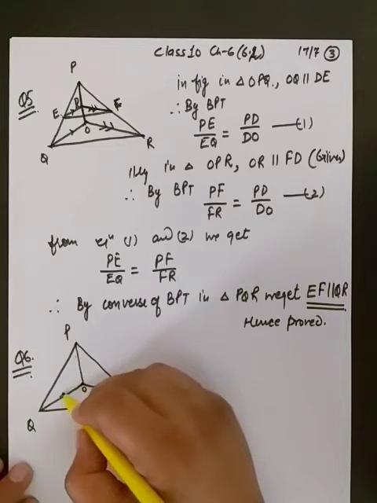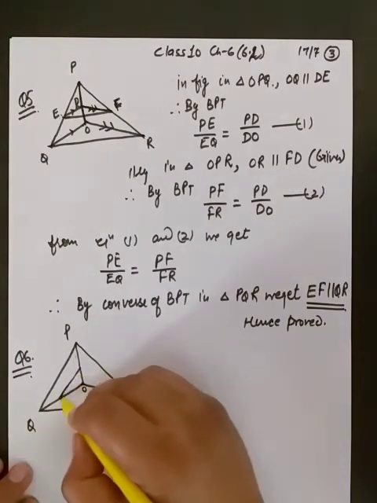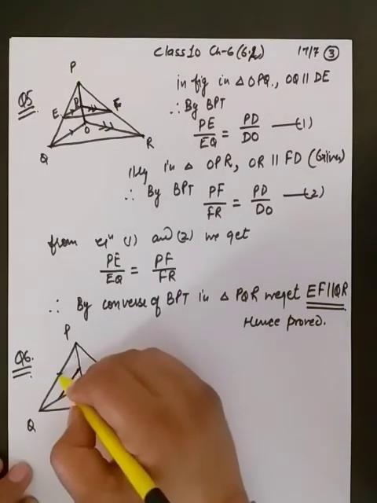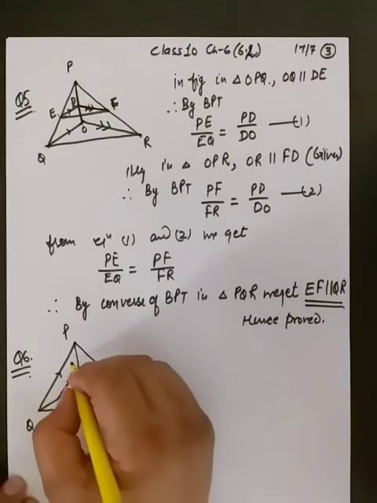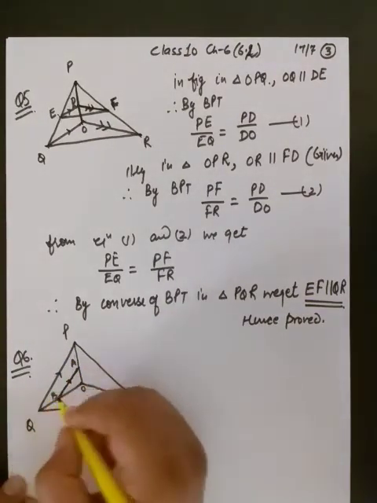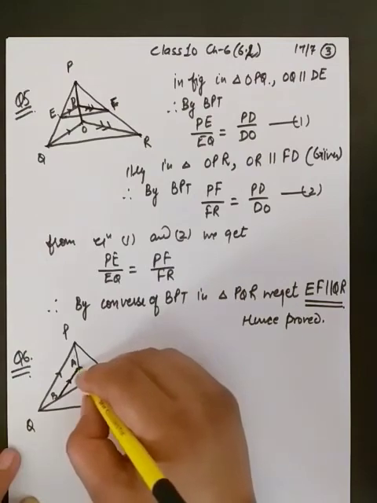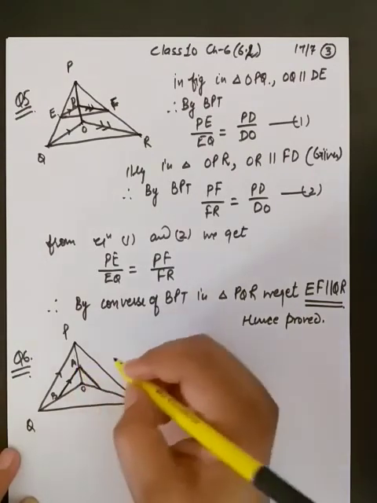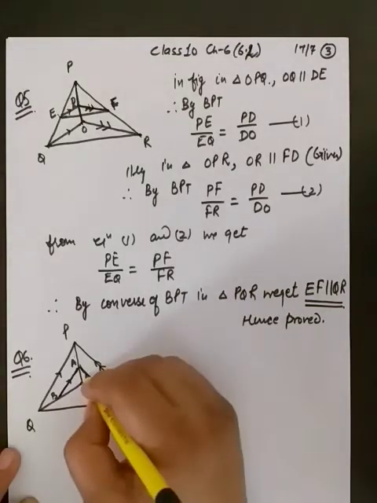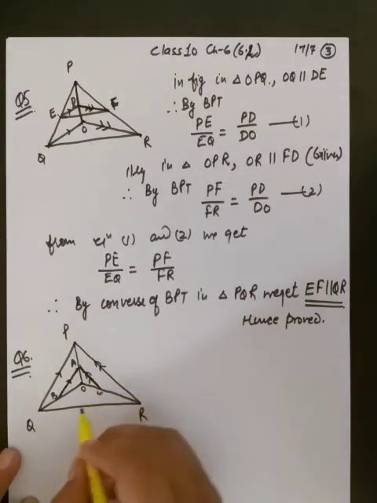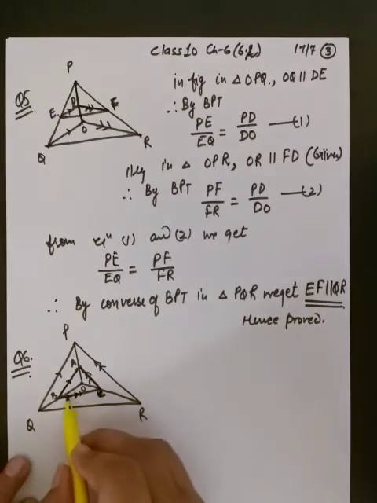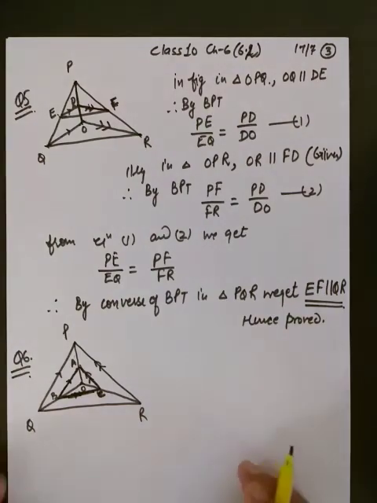Meaning you have to draw parallel to PQ, and these two points are A and B. Similarly, AC is parallel to PR. Again we get parallel lines, and if you join them you get BC, and we have to prove that BC is parallel to QR. We have to show BC parallel to QR.